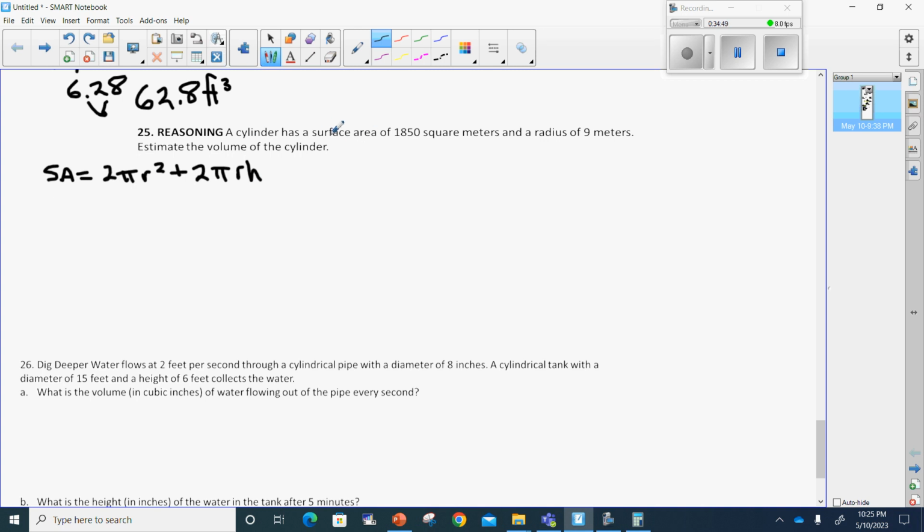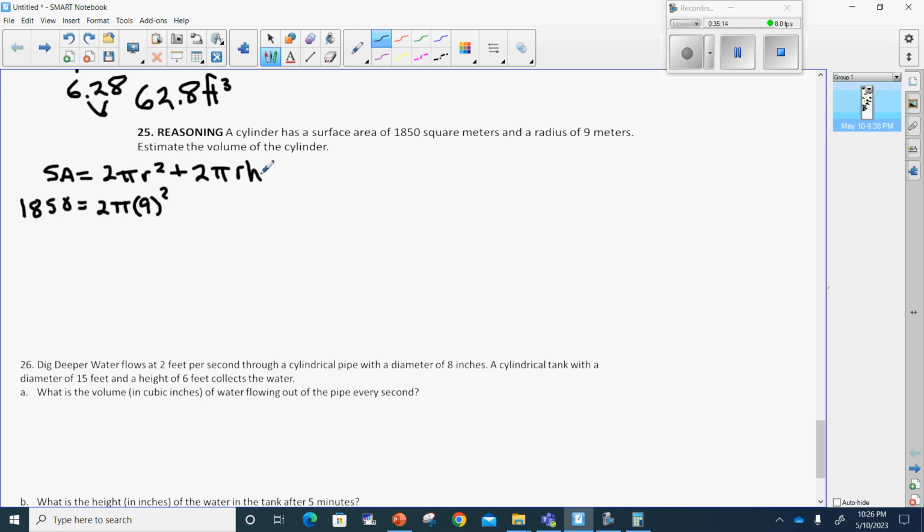Now the surface area just said was 1,850. That's going to be equal to, well, 2, and we know what pi is. The radius, they said, was 9, so that's going to be 9 squared.